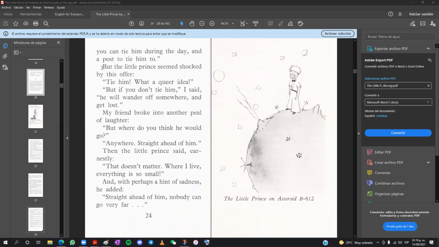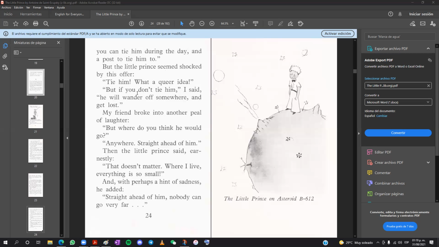Sí, es de boat. But the little prince seemed shocked by this offer. Tie him? What a queer idea.